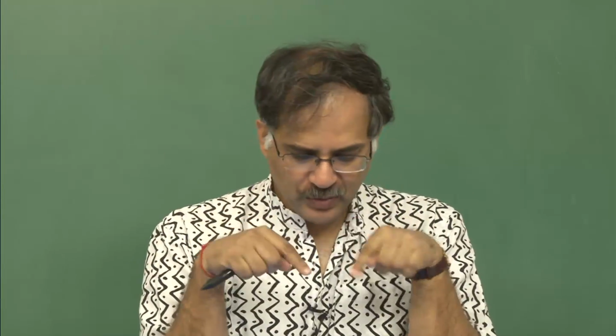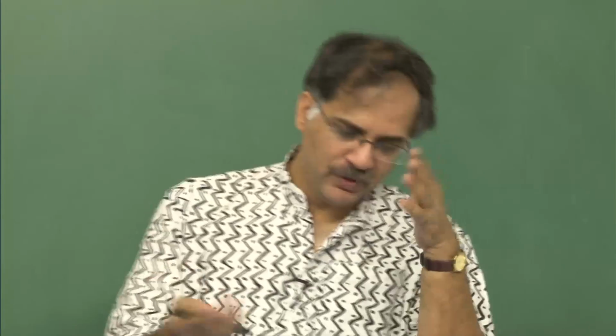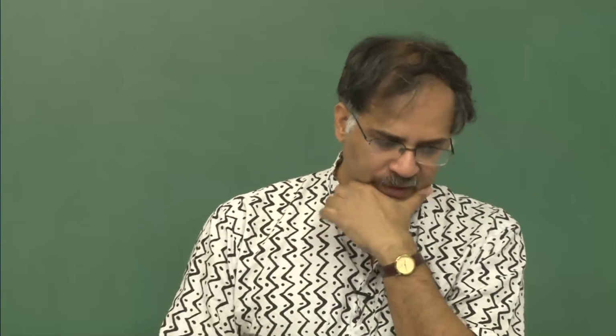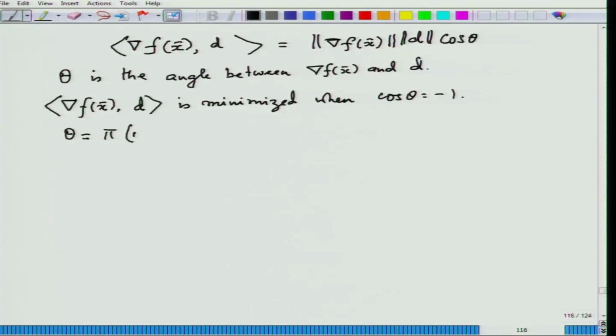So, cos n theta is minus 1 to the power n, which means the angle between them is pi, or n pi when n is odd.